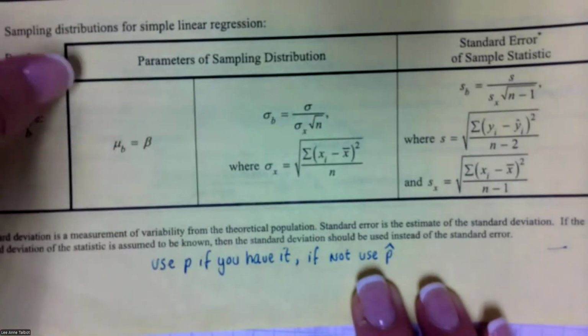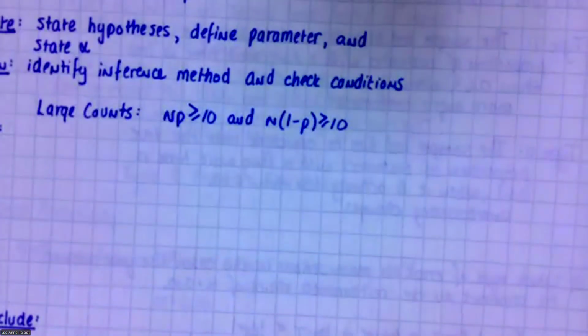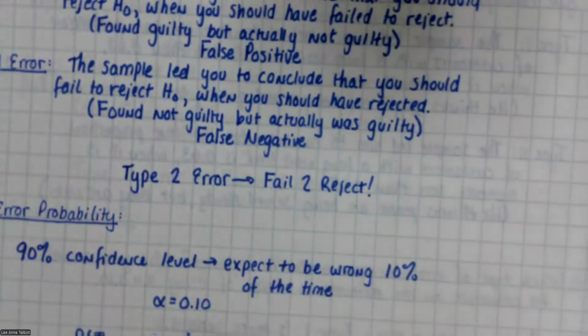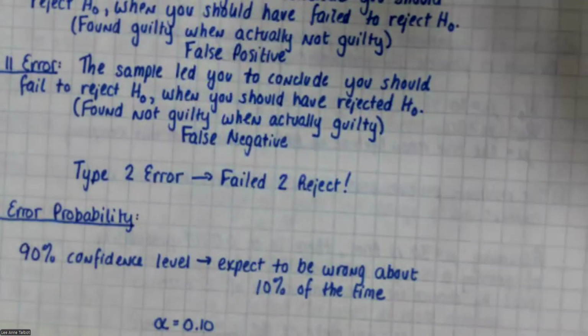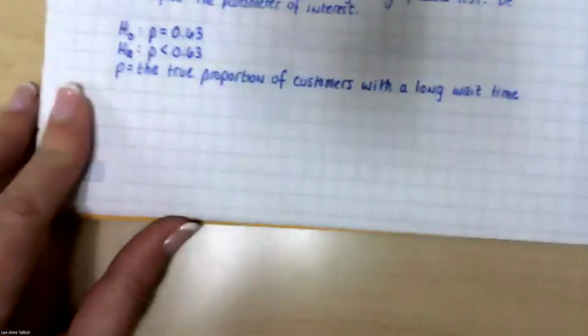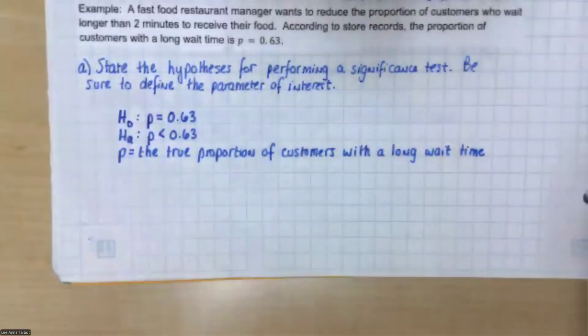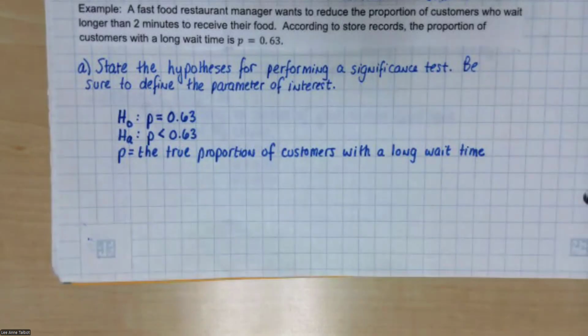Okay, let me flip back to here. This is our notes from Friday. Why would we have P for a test, but not for a confidence interval? Because you're saying what P is in your hypotheses.